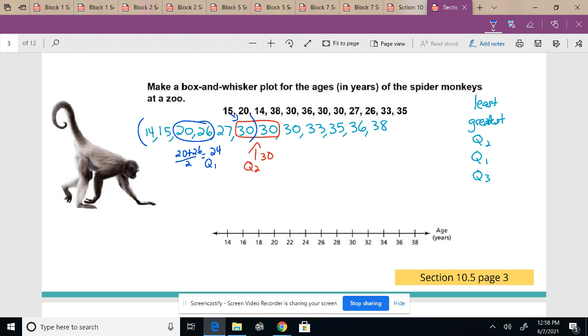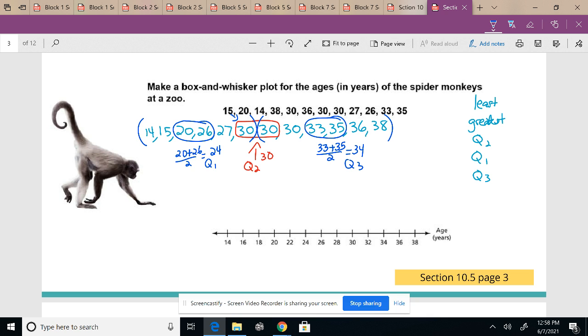Okay, so that's quartile 1. And then you're going to do the same here. You're going to use that 30, and you should be around 33 and 35, which if you do 33 plus 35 and divide by 2, you're going to get 34, and that's your quartile 3.